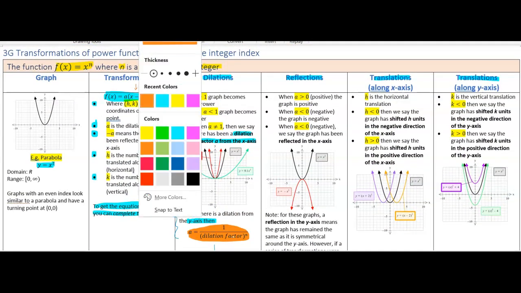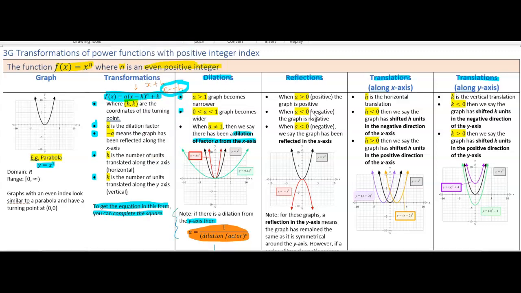Get my blue highlighter back. So a reflection now with a parabola: if we were to reflect it along the y-axis, it hasn't actually moved. Well, it has moved, but it's the same thing because it's symmetrical around the y-axis. So when a is greater than 0, when a is positive, the graph is positive.